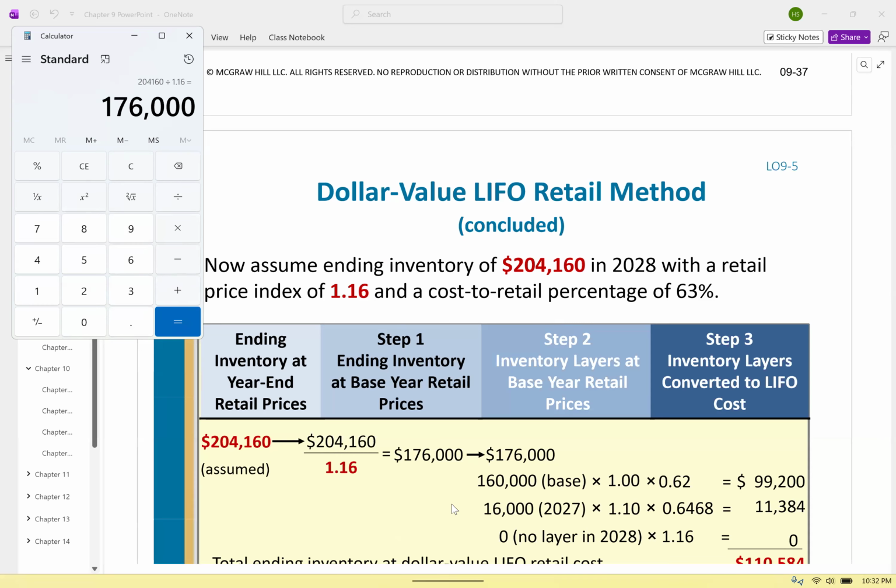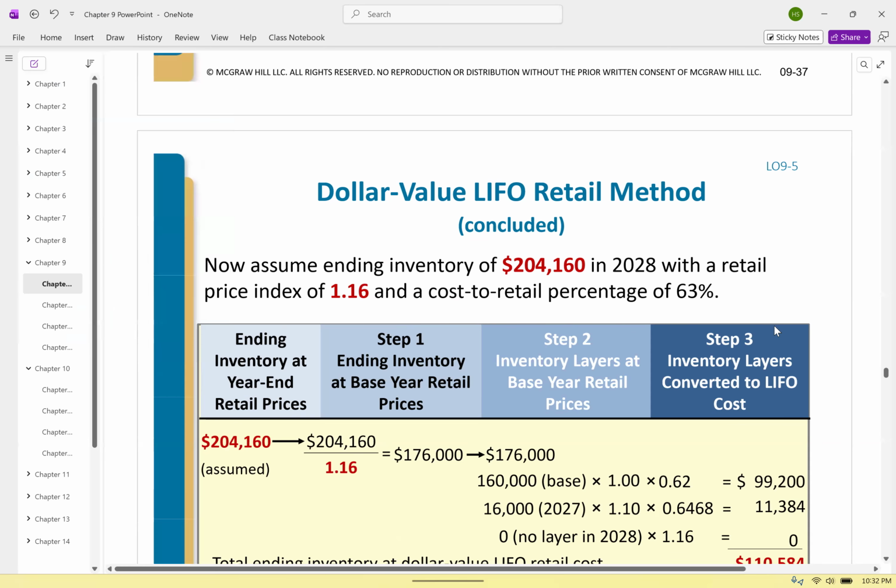We know our base was 160. That's our $1, 100% base layer, multiplied times 62%, which gives us the 99,200, and we only have 16,000 from that 2027 layer. Multiply it times 1.10 and that percentage. There is no new layer for 2028. And if you went to 2029, there's no possible way to create a 2028 layer at all. So keep that in mind.